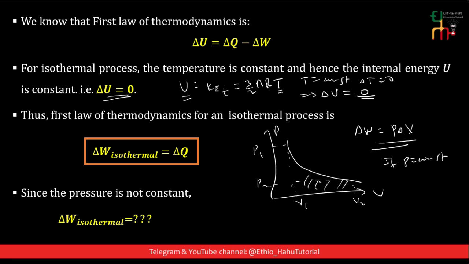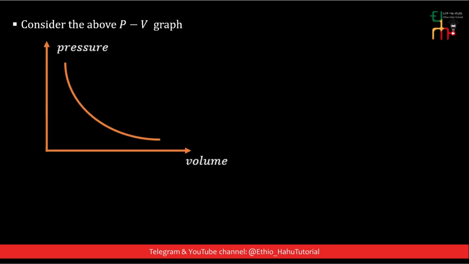That's the point. Consider the previous pressure versus volume graph for isothermal process. When V is V1, P is P1, and when V is V2, P is P2.